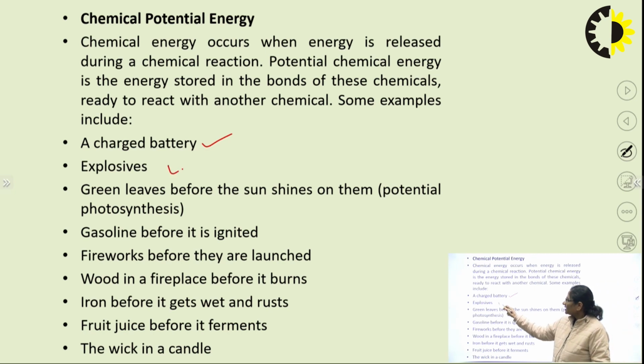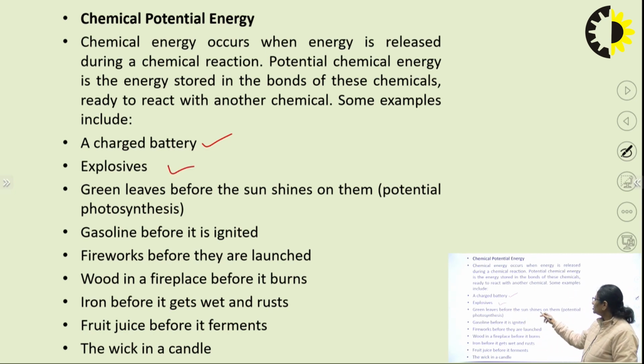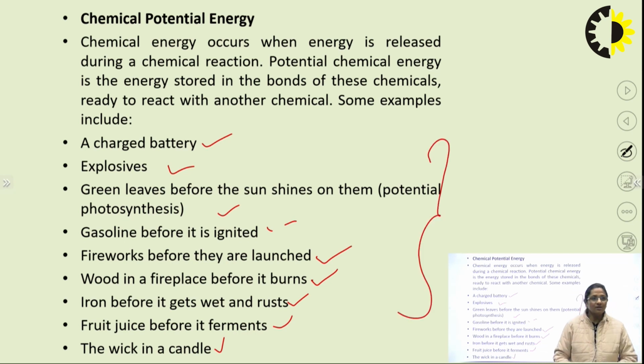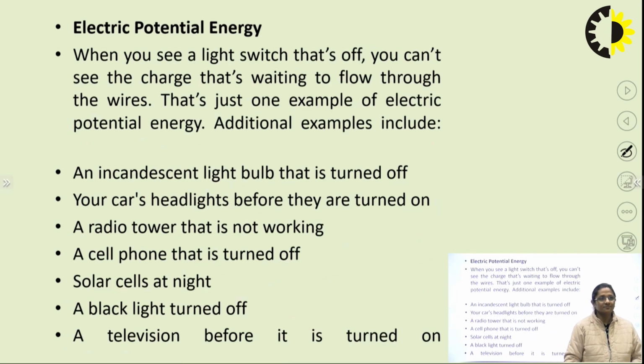Explosives, green leaves before the sun shines on them, gasoline before it is ignited, fireworks before they are launched, wood in a fireplace before it burns, iron before it gets wet and rusty, fruit juice before it ferments, the wick in a candle. They all are examples of chemical potential energy.